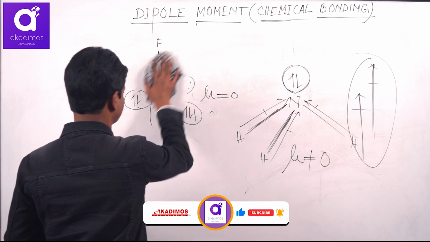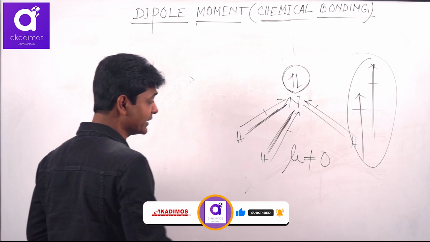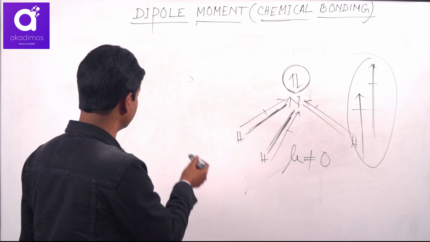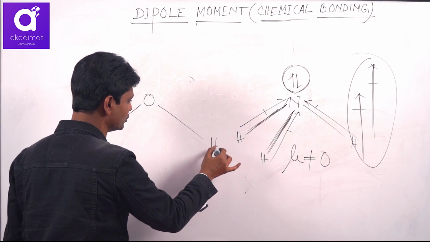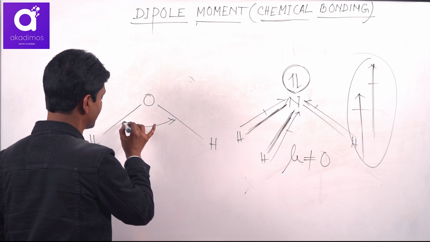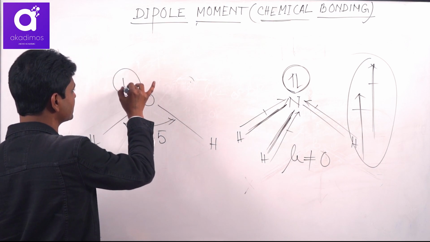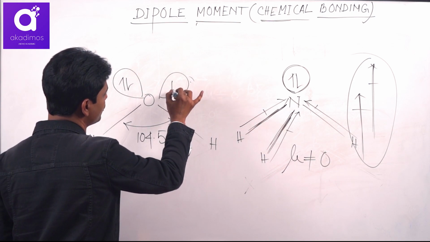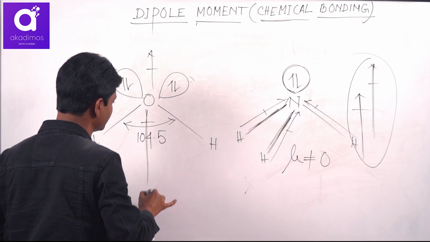And you know water, the common universal solvent we use, has a high dielectric constant. You know the shape of the water molecule is V shape, with an angle of about 104.5 degree. Then you get 2 lone pairs, and the overall lone pair moment operates in this direction, and the O-H bond moment in this direction.